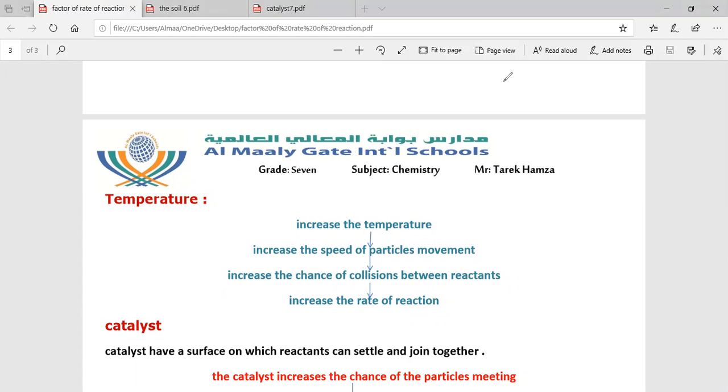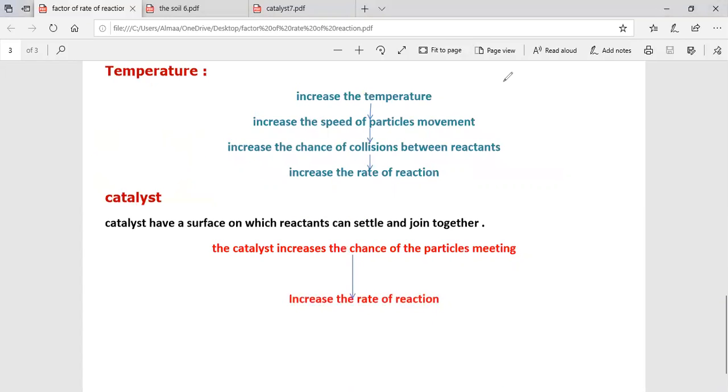The last point: catalyst. What's the meaning of catalyst? If anyone knows the meaning of catalyst, raise your hand.